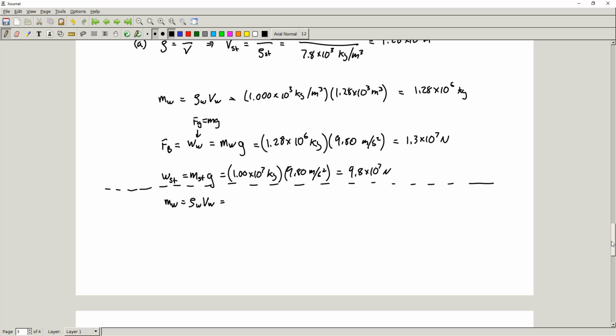So if we do that, we start off with our density of water. Okay, and now the volume of water that we're going to be displacing, well, that's simply the volume of our new boat-shaped ball of steel, I should say. Okay, and if we do that calculation, we find, I'm going to drop the decimals here, or maybe I won't.